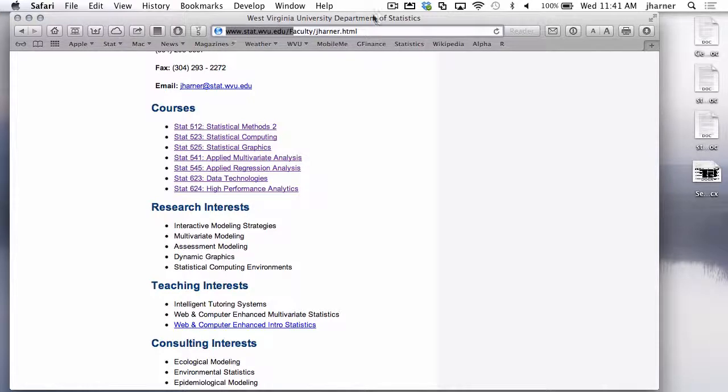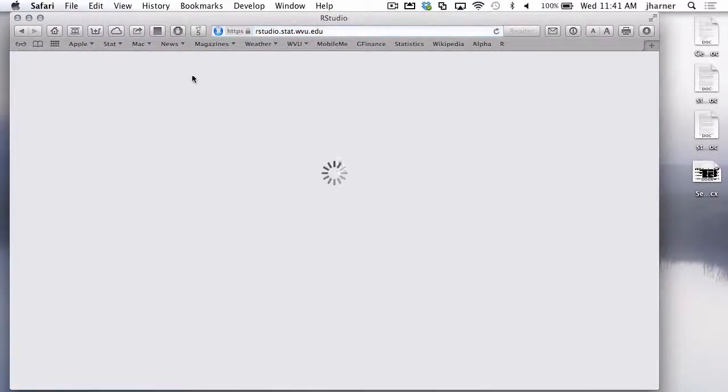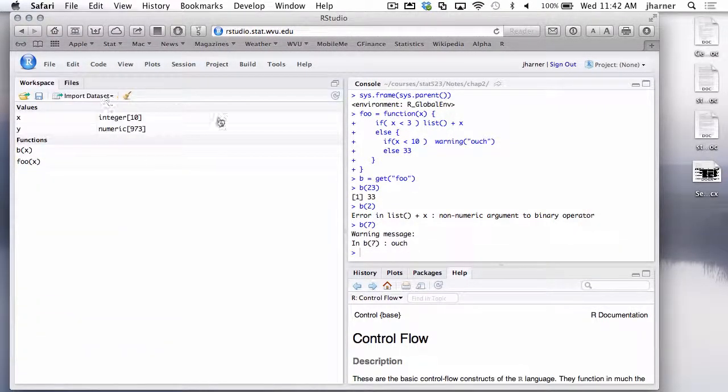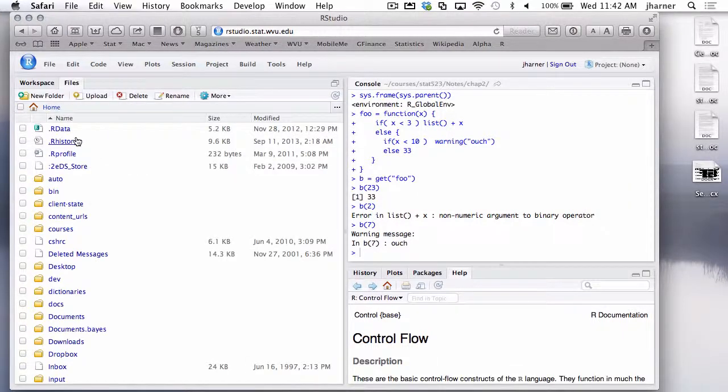So I want to go into RStudio. A few things I want to do.